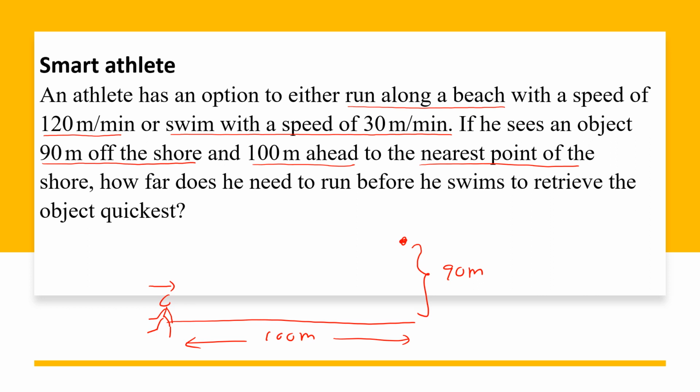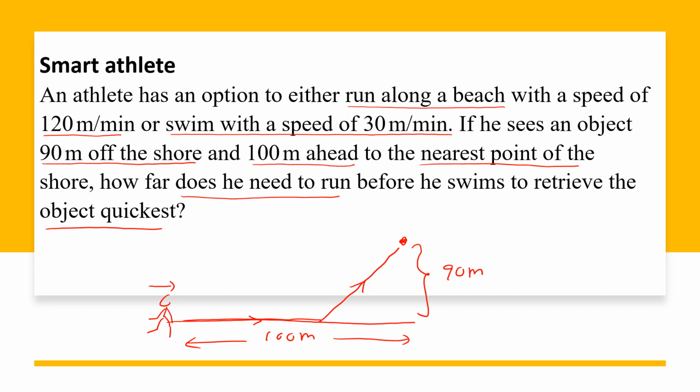Then the question is asking how fast he needs to run first before he swims to retrieve the object quickest. That means we try to make the time minimum. You can run first and then swim. First run and then swim.